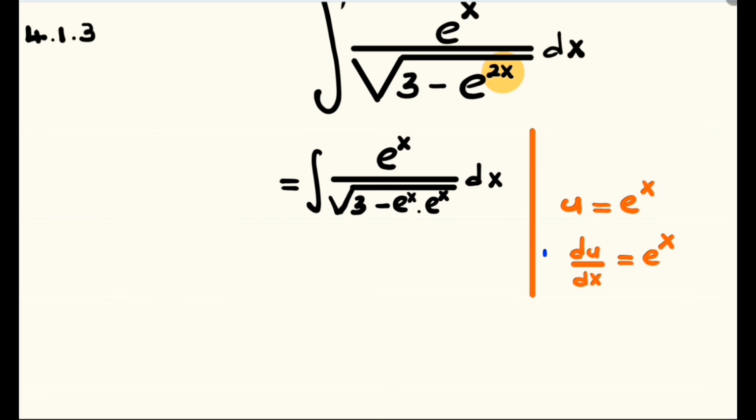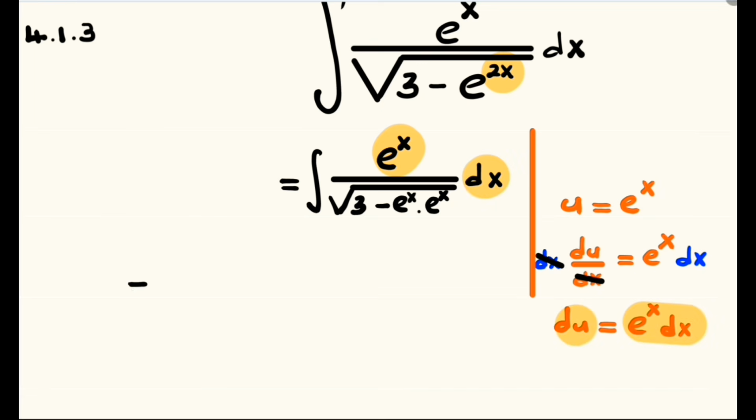We multiply both sides by dx, and that dx and that dx will cancel out, and du will be equal to e to the power x multiplied by dx. In the place of the e raised to the power x multiplied by dx, we substitute the du.